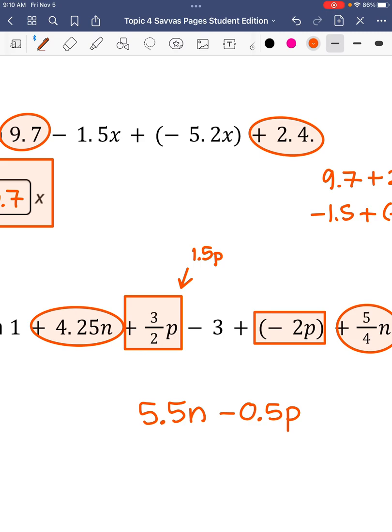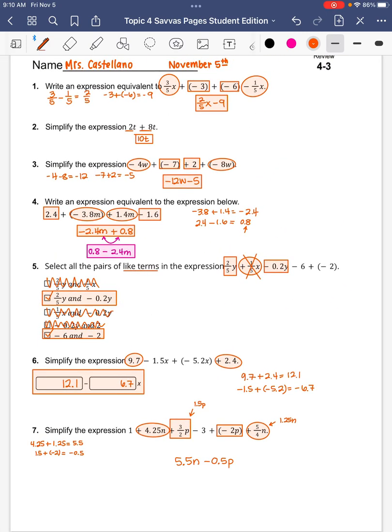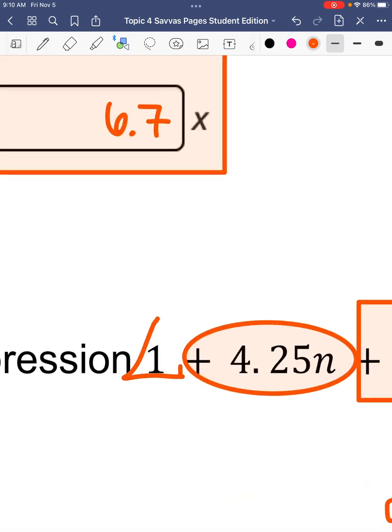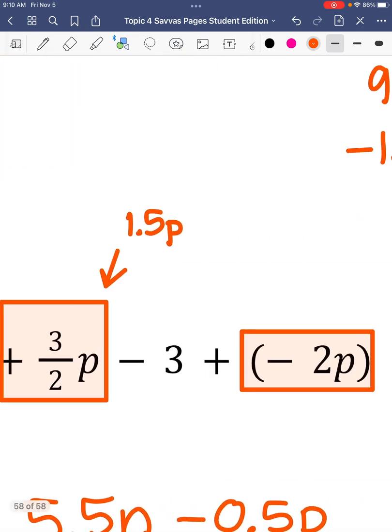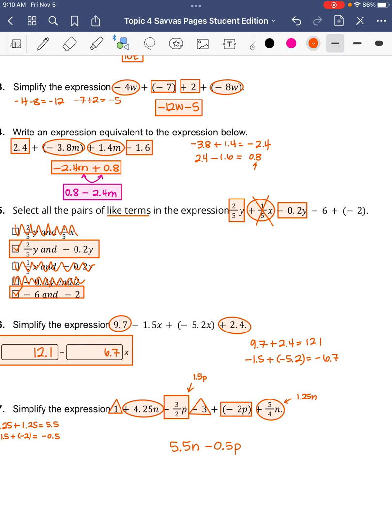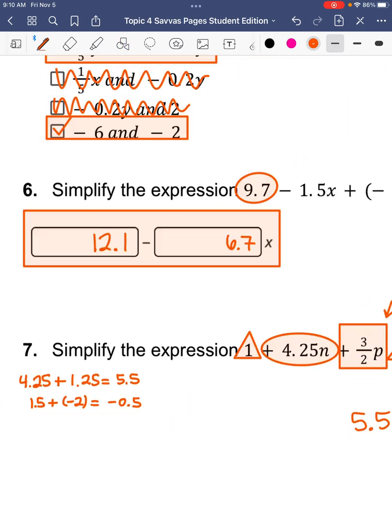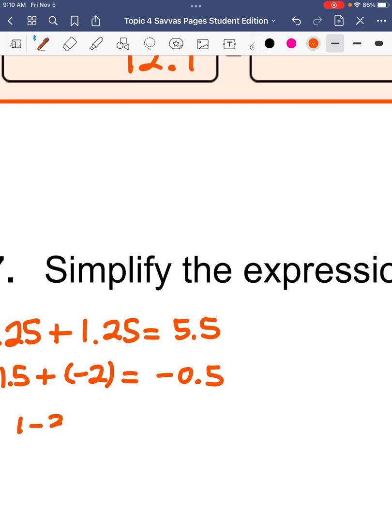So negative 0.5p. Now, the only terms that are not circled or squared in this expression are also like terms. They're just plain old numbers, and I can still combine them. So I'm going to combine positive 1 with negative 3. So we have 1 minus 3, and we know that 1 minus 3 is negative 2.